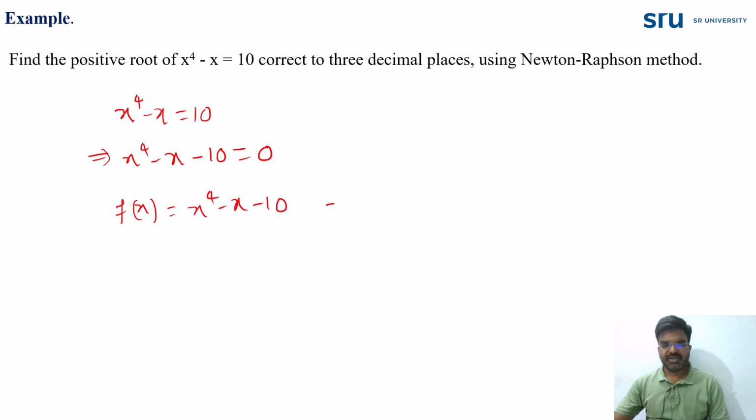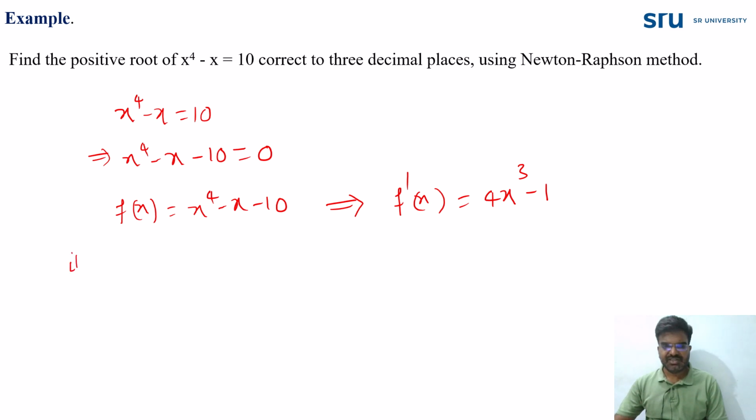In the Newton-Raphson method, we need the derivative of the function. So f dash of x equal to 4x cube minus 1. See, first we have to identify the interval where the root exists. To identify the interval, we have to find the functional value at different numbers.